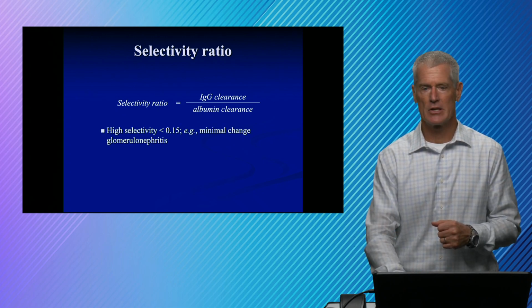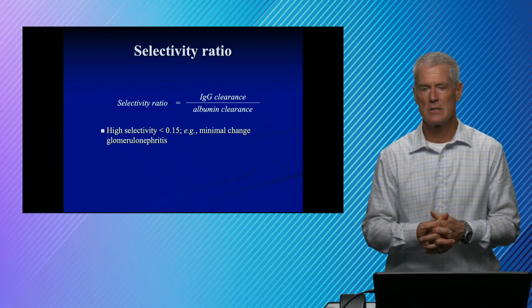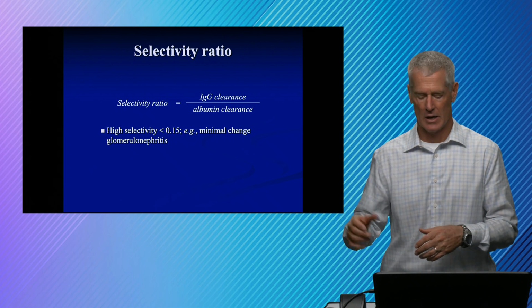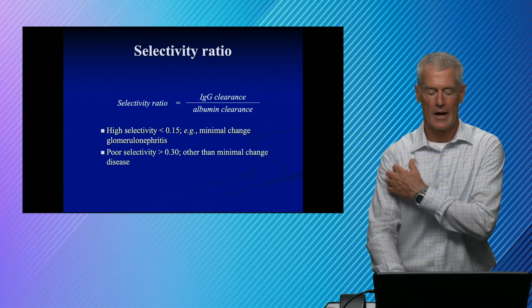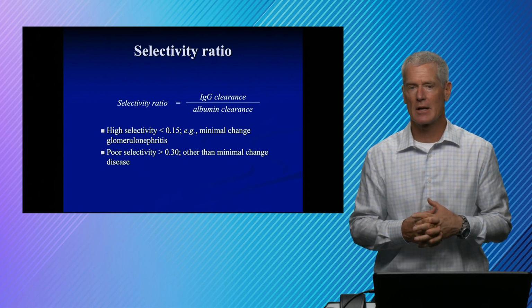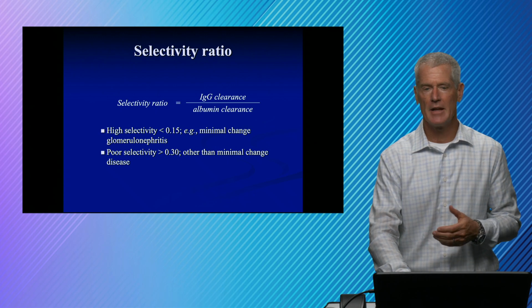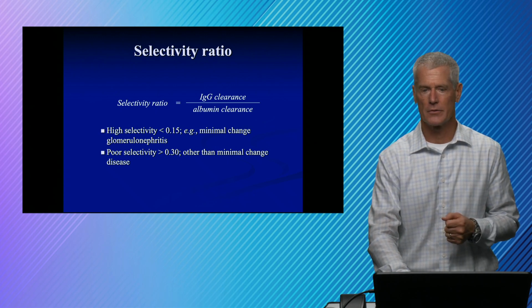So the selectivity ratio, if it's less than 0.15, we call that minimal change, and oftentimes patients recover from that. Whereas if you have poor selectivity and you're excreting both immunoglobulins and albumin, that has a poor prognosis.